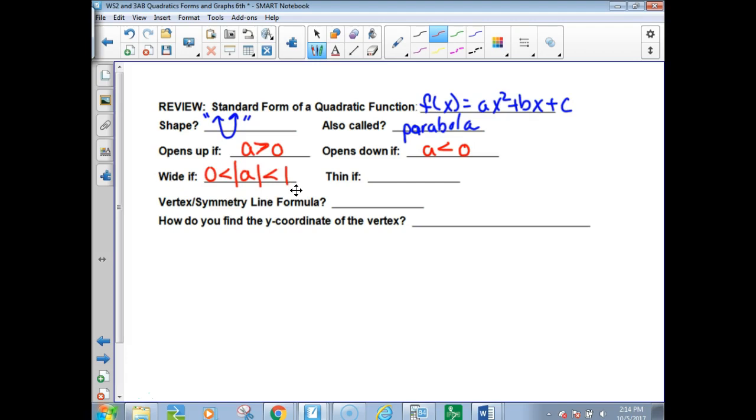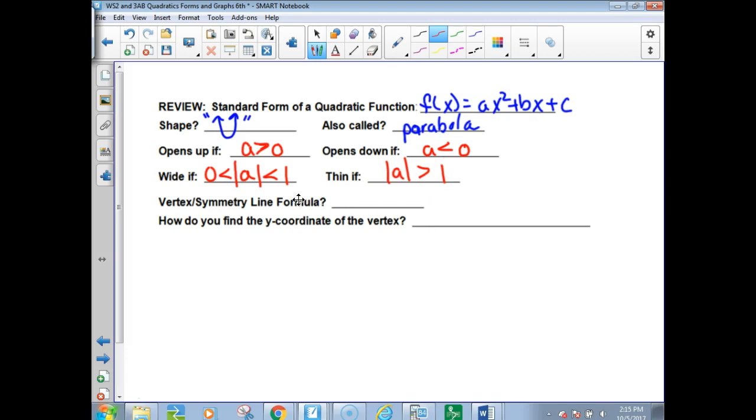Just because it has a fraction for an a value doesn't mean that it gets wider or narrower. A fraction has to have a numerator smaller than the denominator for it to be between 0 and 1. It gets thin if the absolute value of a is greater than 1.